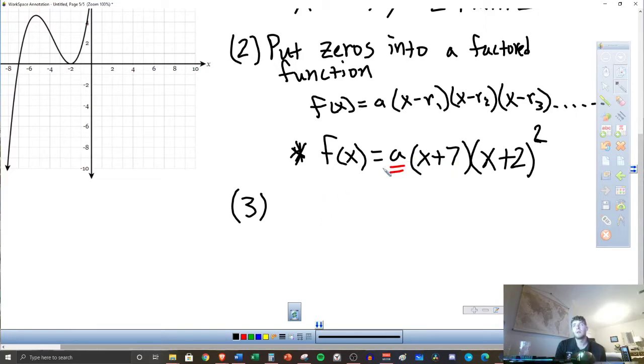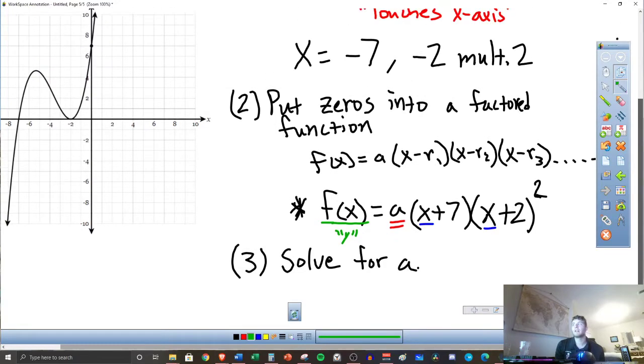To do this, we need to fill in every other part. I need to find a value to plug in for the x's, and I need to find a value to plug in for this term right here, which is also known as y, by the way. So I need to find a point on the graph.